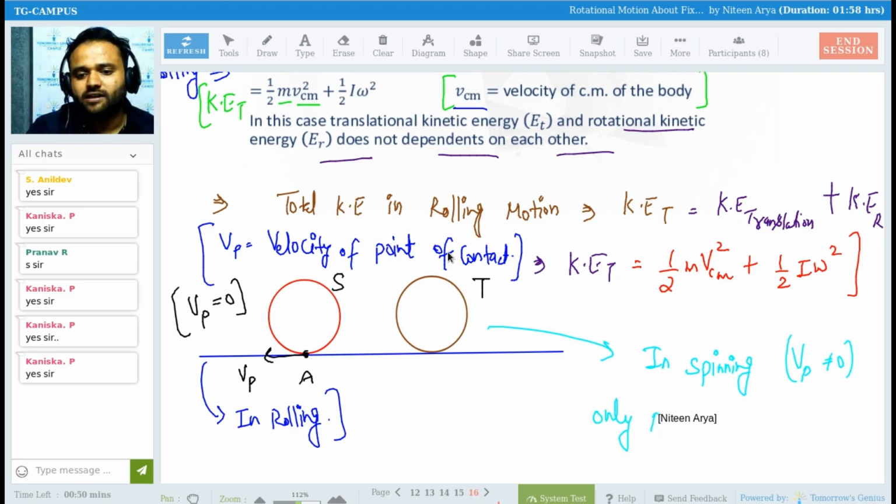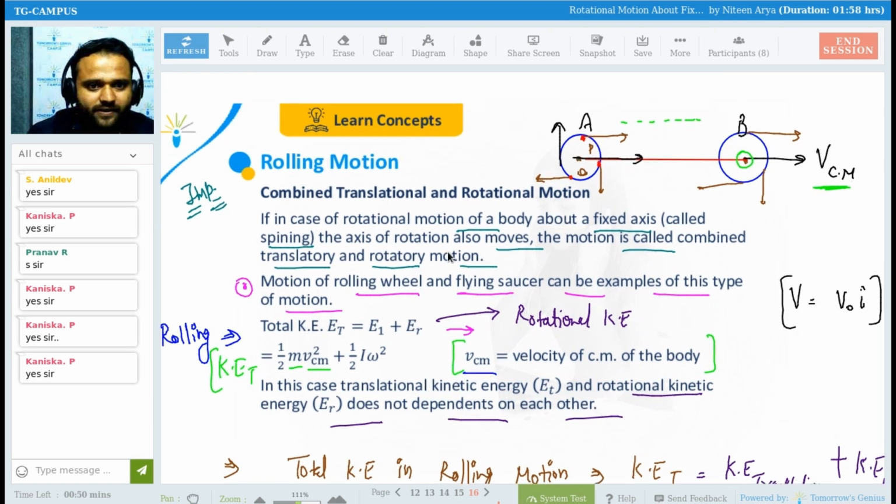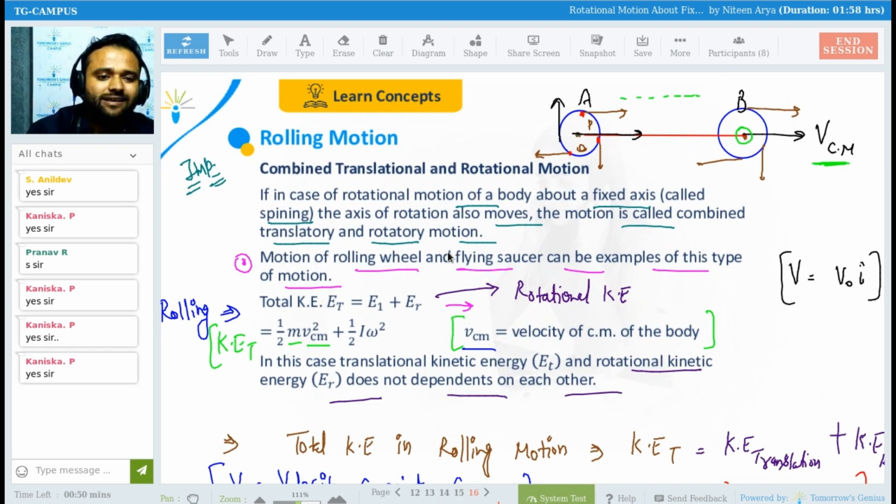Only rotational motion is happening there. Clear now, everyone? So rolling motion is very, very important in day-to-day life as well as for understanding. Is this clear or not to each and everyone here?